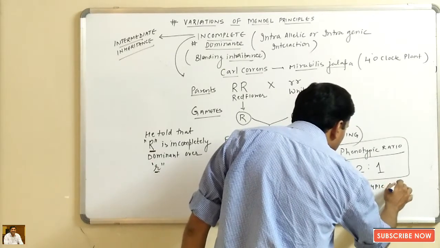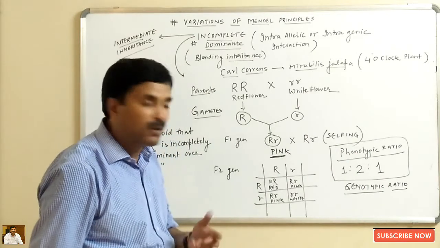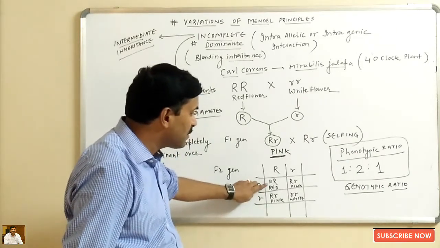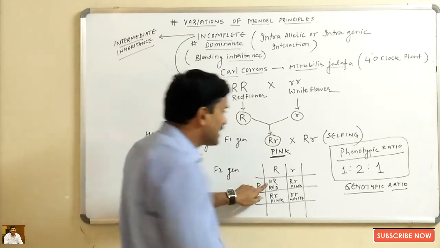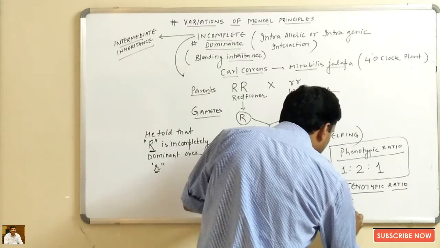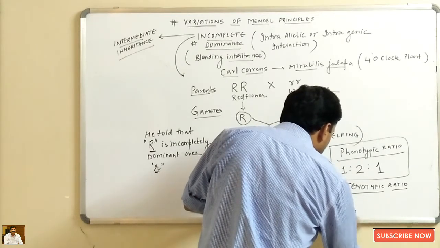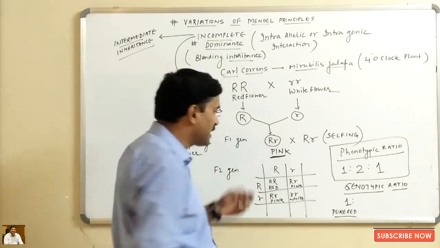And just have a look at the genotypic ratio. What will the genotypic ratio be? Now what is genotype? Genotype is the genetic makeup of an organism. So we have to see the genotype. We have to see how many capital R are there. There is one pure red having two capital R. Now see the genotype capital R small r. How many capital R small r are there?